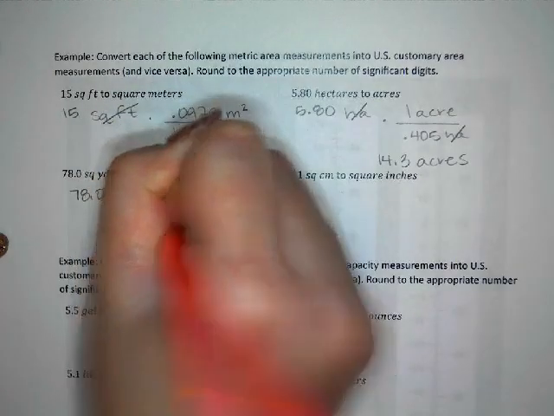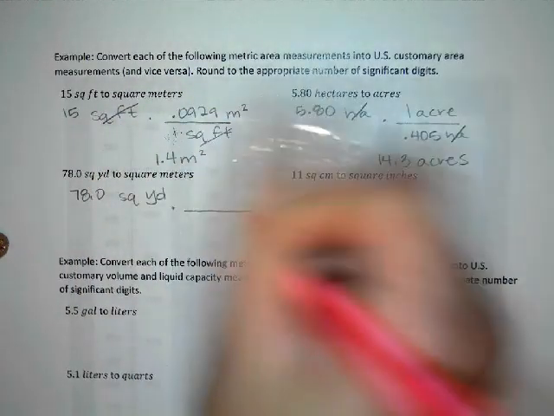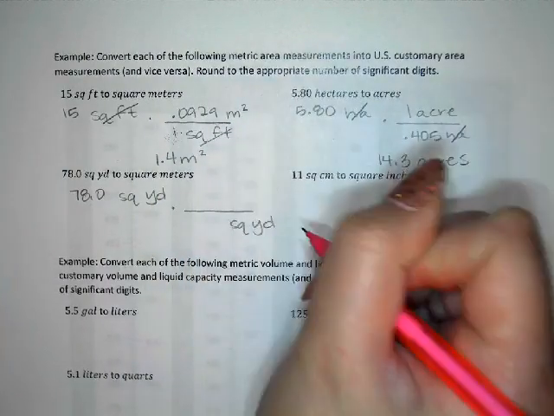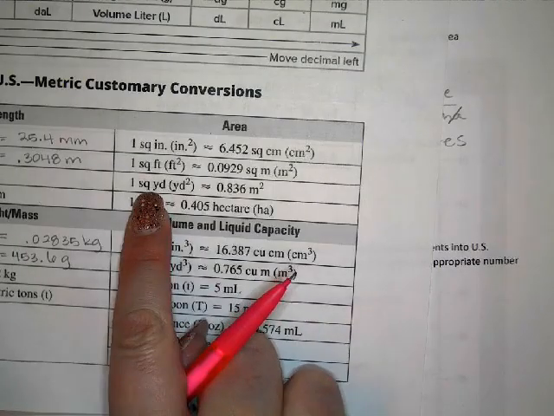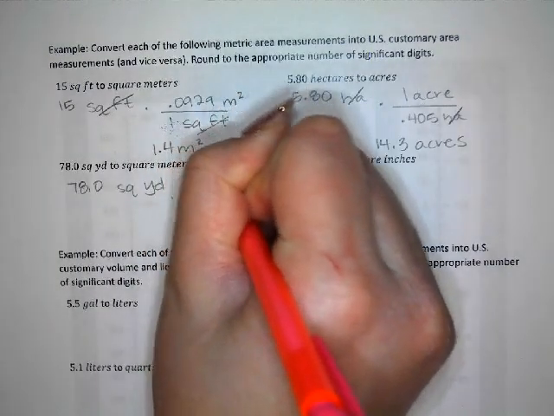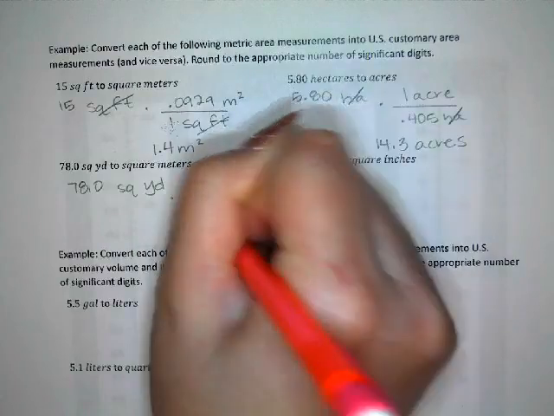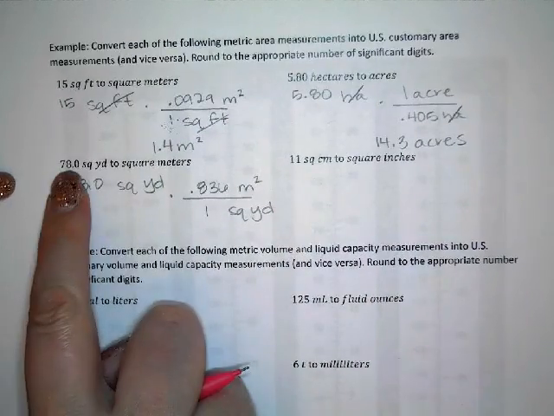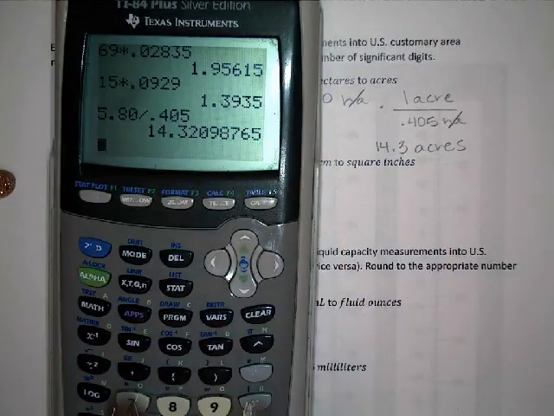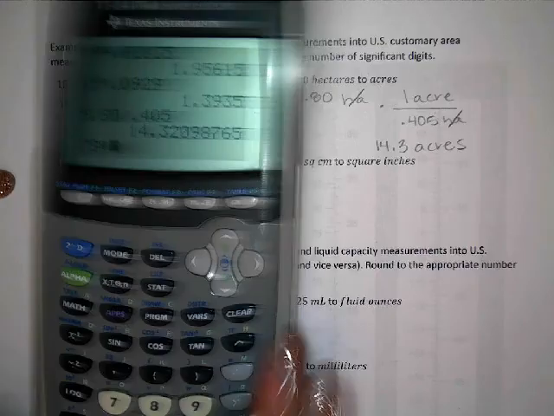All right, so square yards we're converting into square meters. 1 square yard is 0.836 square meters. And 78.0 means we're going to have 3 significant digits. So 65.2.